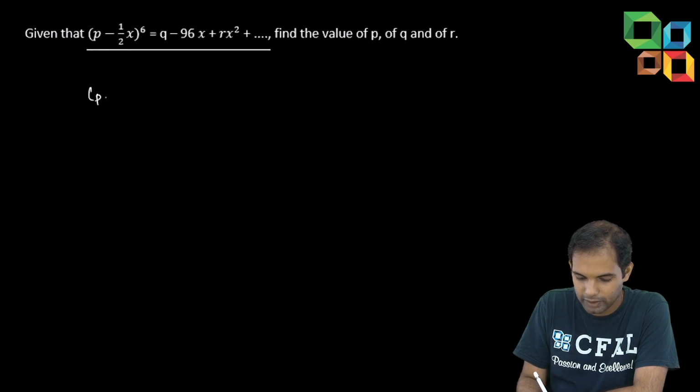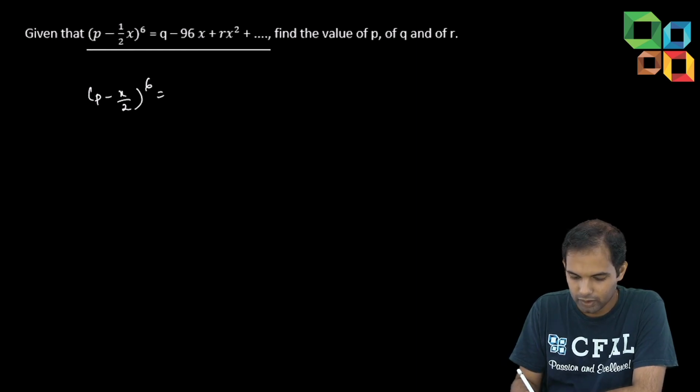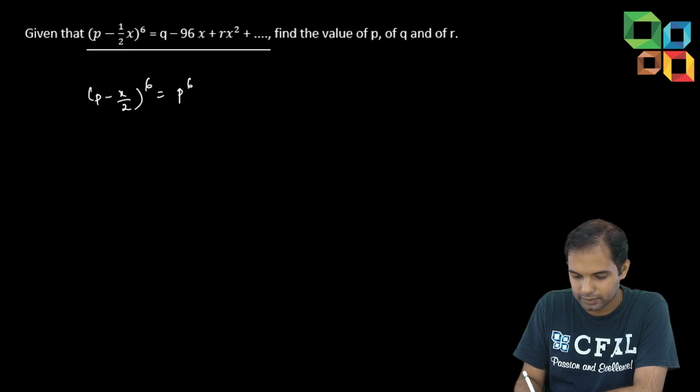So it's (P minus x by 2) whole power 6. Half x is nothing but x by 2. So this is P power 6. Next term would be 6c1. Then it's two terms, so it's P power 5 into minus x by 2. Agree? That is minus x by 2.